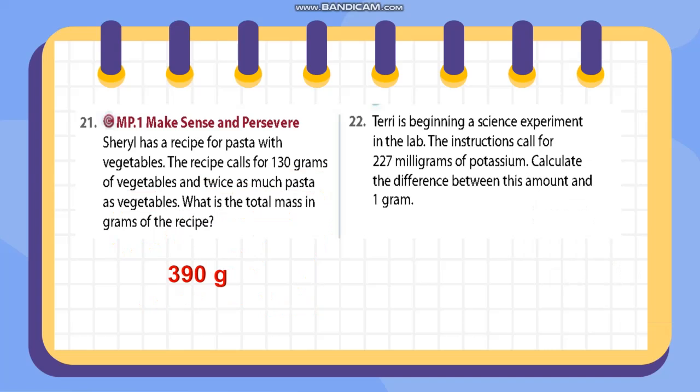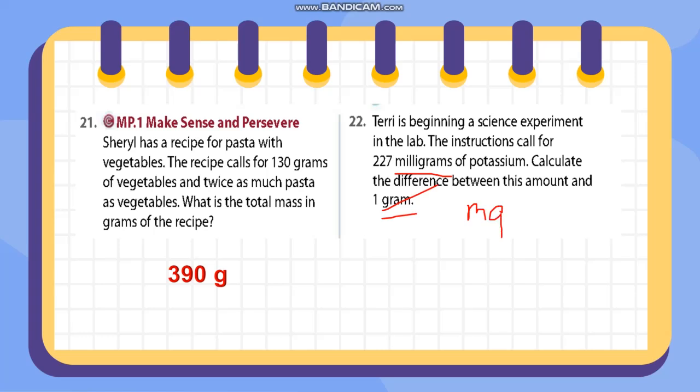Next, Terry is beginning a science experiment in lab. The instructions call for 227 milligrams of potassium. Calculate the difference between this amount and 1 gram. The units are not the same, so I need to change this into milligram.